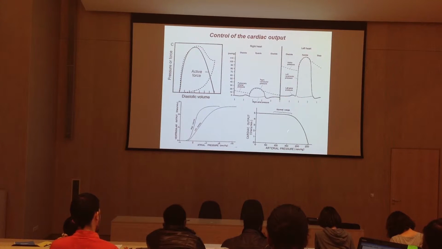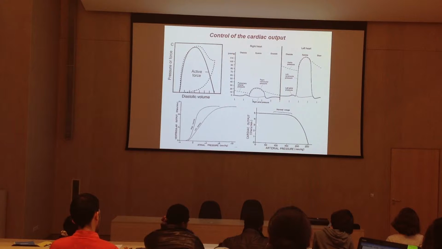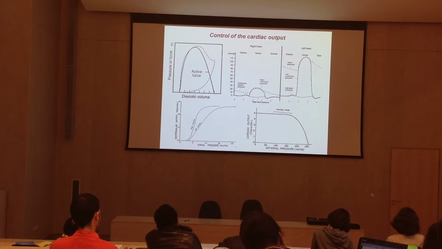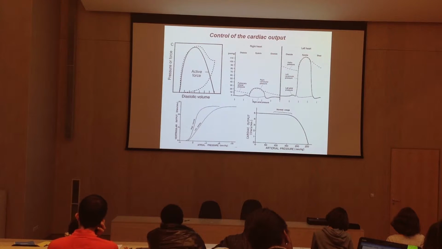This is the cardiac output, 5 liters. If we increase the aortic pressure, the same volume will be maintained because the cardiac output will be larger and larger, and finally it goes on.